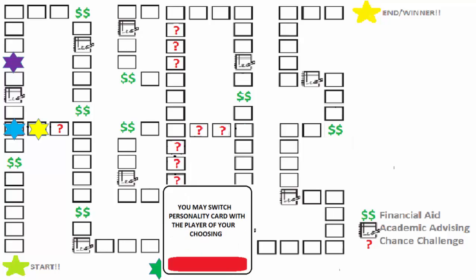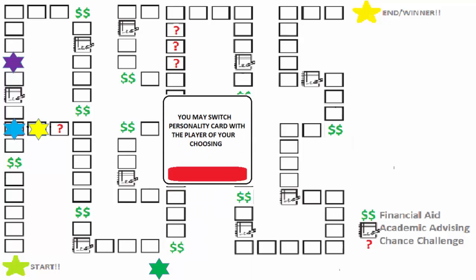The card will look like this, and this card states that they can trade personality cards with anyone in the game. Now this card can be used right away or held and played later in the game, but only during that player's turn.